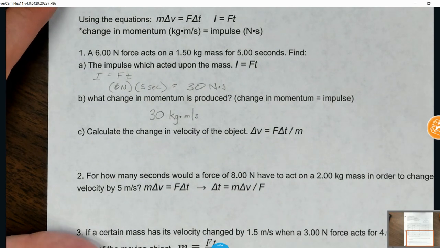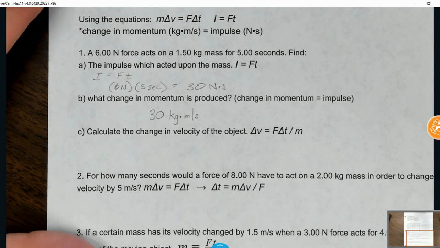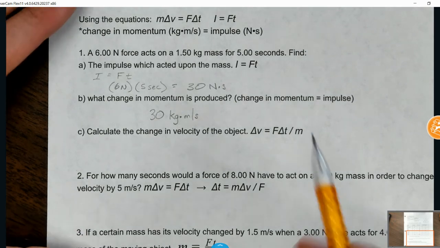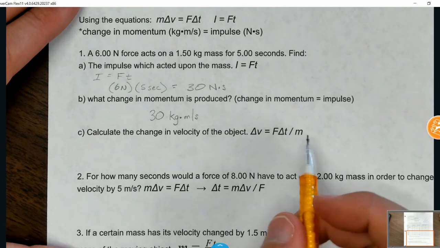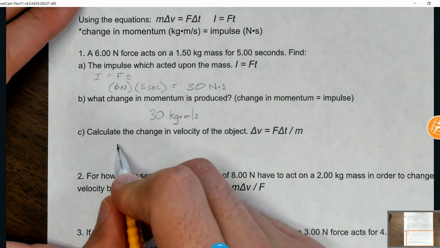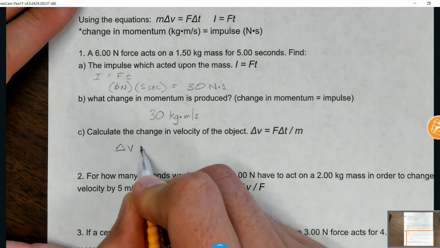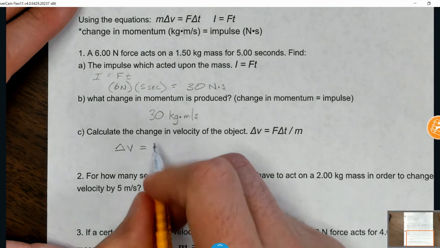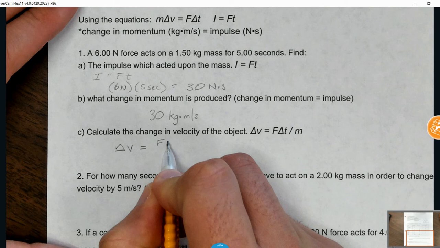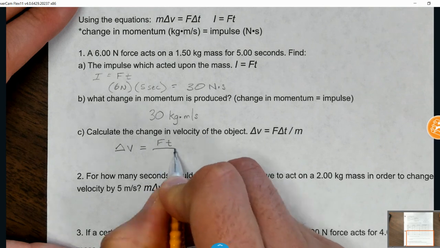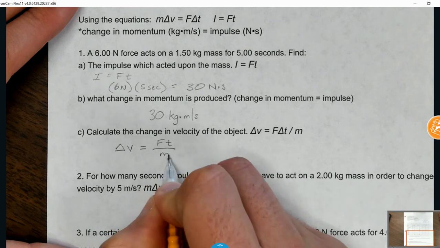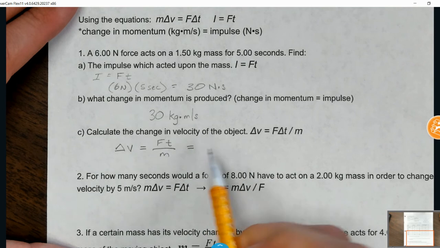Okay, so now we're going to calculate the change in velocity of this object. Anytime you see change in velocity, we're looking for delta V. The equation I gave us here is force times time over the mass of the object. So do we have all of them?